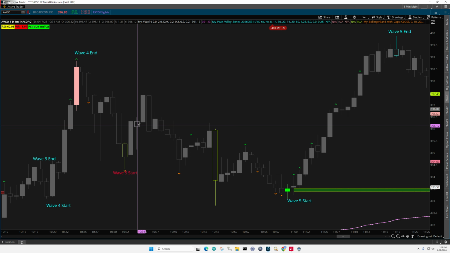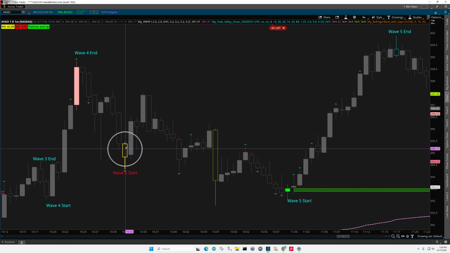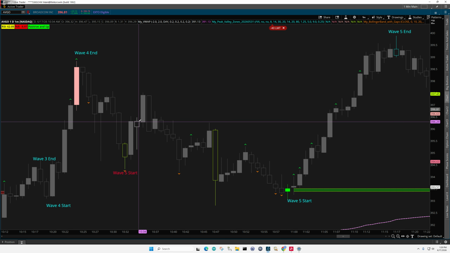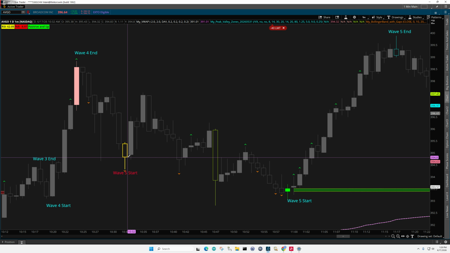Everything was looking good. As soon as this candle closed above this candle, so it's candle body over candle body, we're bullish. We're looking for that push up back into wave 4 and maybe just a little bit of a peek above wave 4, because we already know we've hit the ATR, ADR range for the stock that day. But then price fails and comes down.